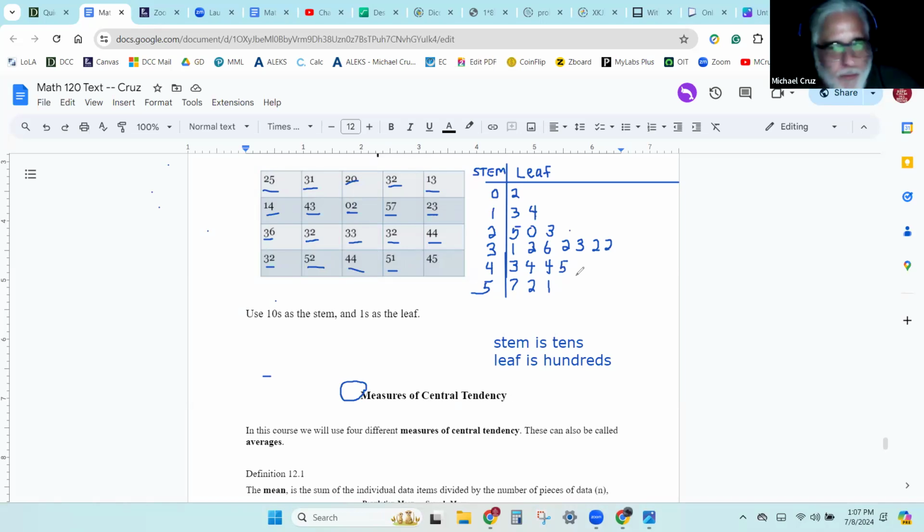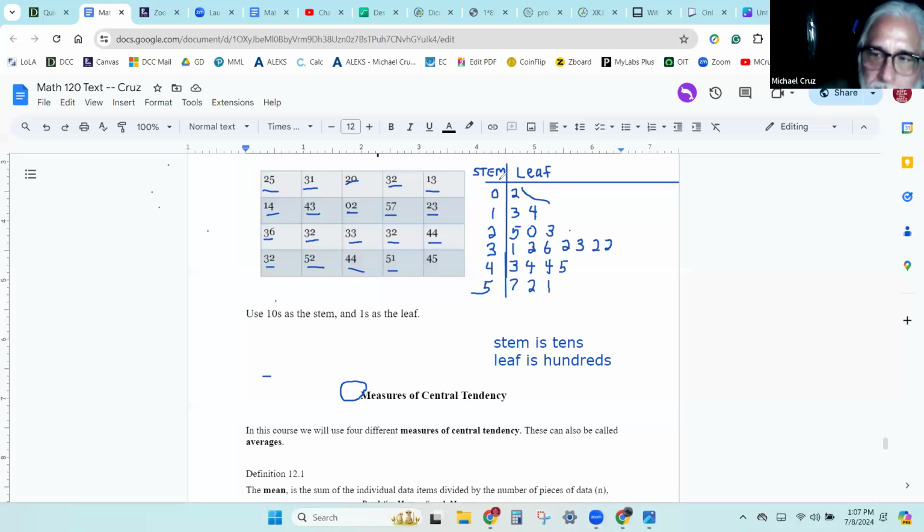All right. Now, the good thing about the stem and leaf is it gives us the same kind of information that a frequency distribution gives us, because if we look here, we can see the pattern.